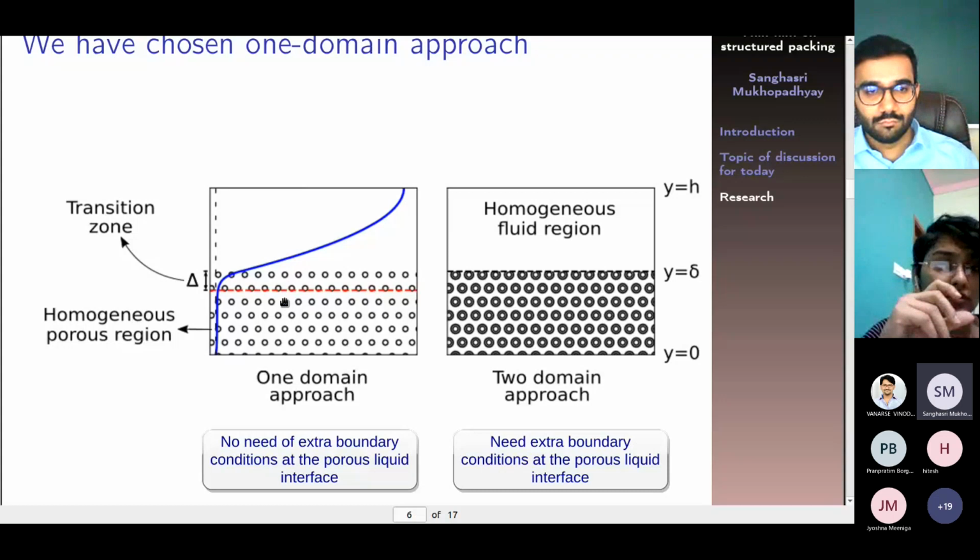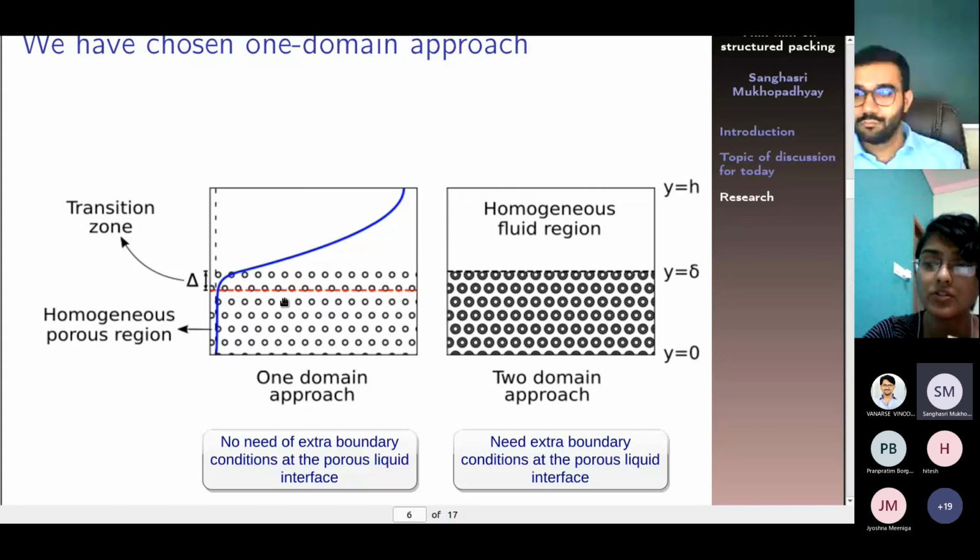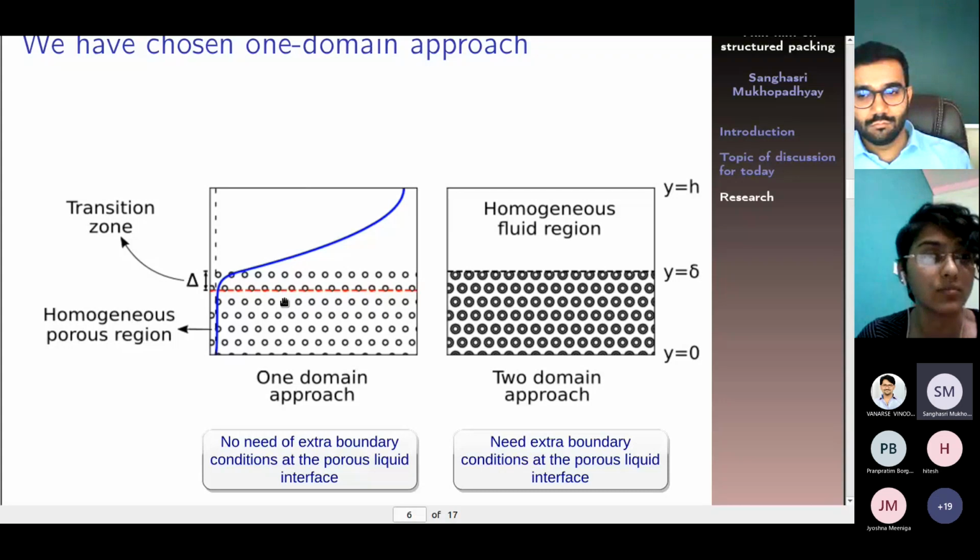In that transitional zone, the porosity and the permeability effectively change from the porous to the liquid layer. This approach was actually invented by some French researchers, and later a group in Paris worked on this particular approach and called it the one domain approach. So there is a lot of evidence of work with this approach even before us.